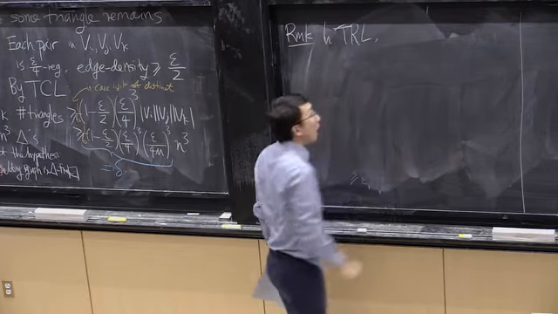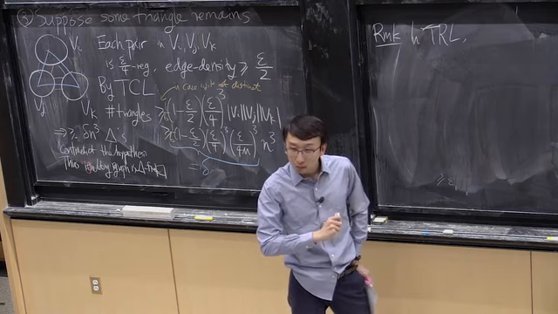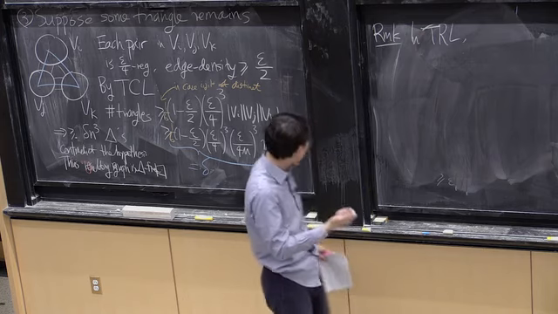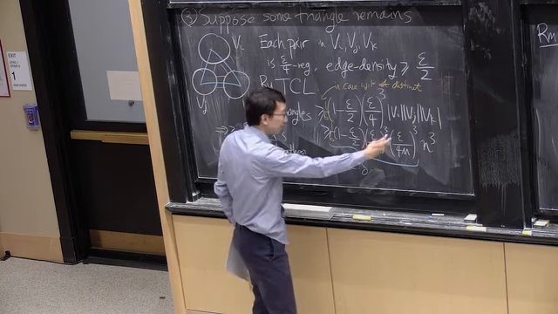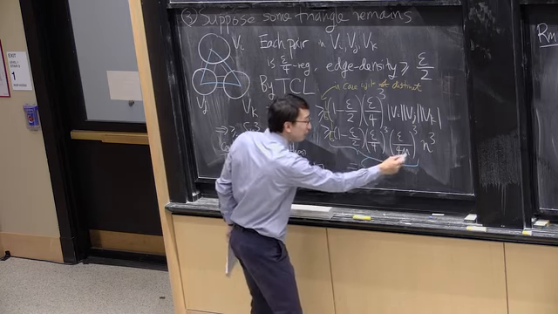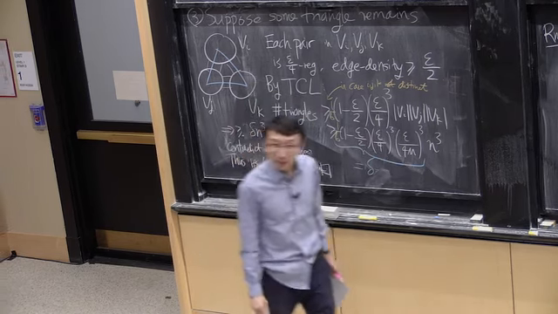What does the proof give you? Where's the bottleneck? The bottleneck is in the application of Szemerédi's regularity lemma, namely in this M. None of the other epsilons really matter. It's this M that kills you in terms of quantitative bounds.